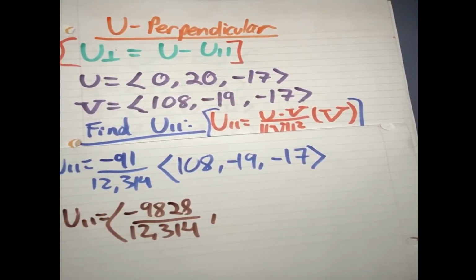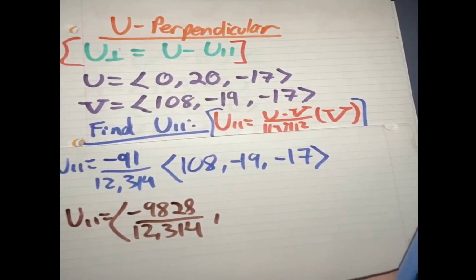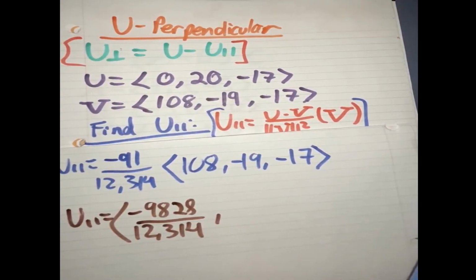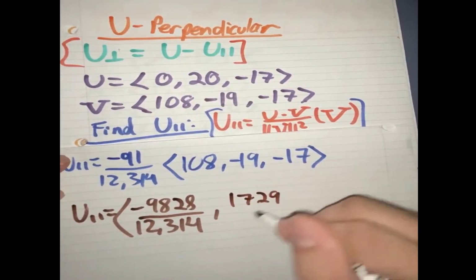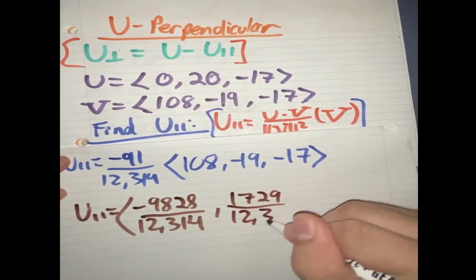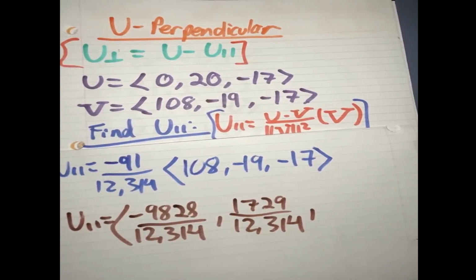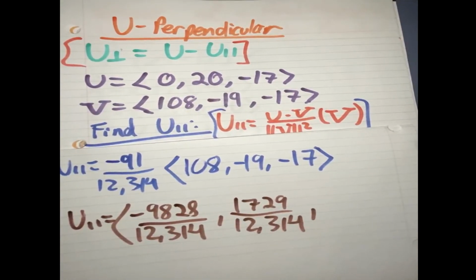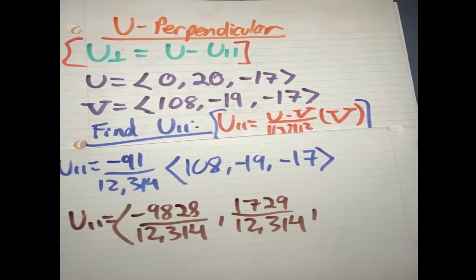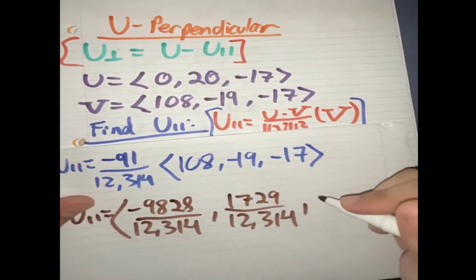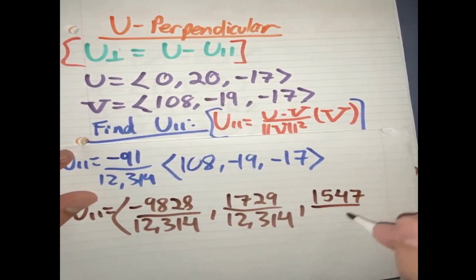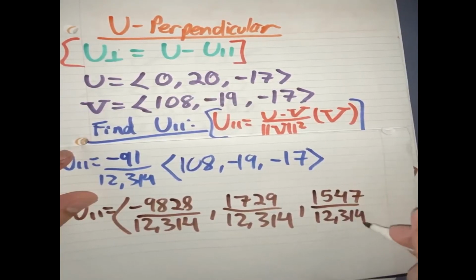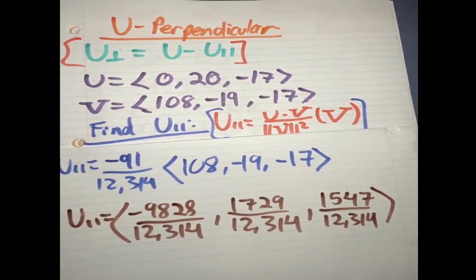I'm just going to go ahead and leave whatever the calculator tells me. So positive 1729 divided by 12,314. Then the next term will also be positive as well. And this is our u parallel.